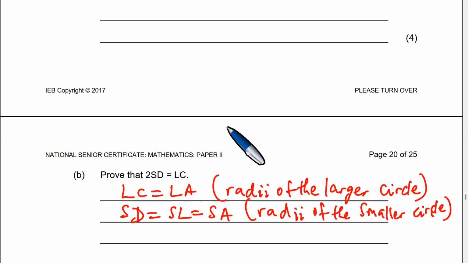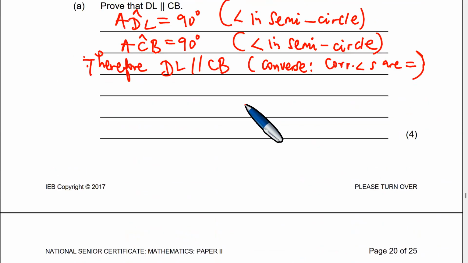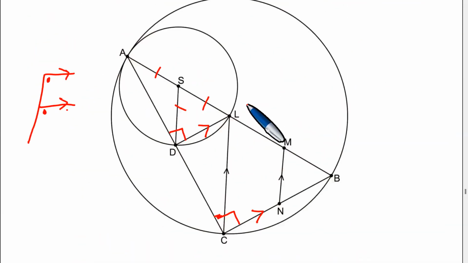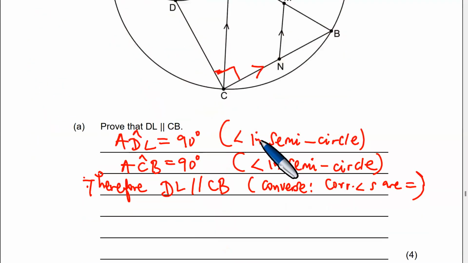So we write that one down. LA is the same as SA plus SL. Look at it again. We can see that LA is actually SA plus SL.